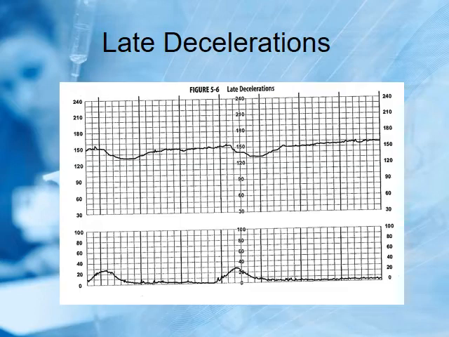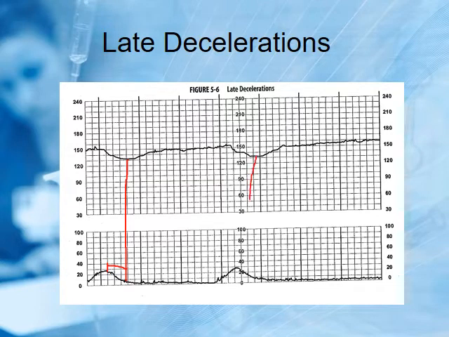The nursing actions that you would take, well, let's first look at these, and then we'll talk about the nursing actions. Again, first of all, look for the nadir of the decel, and then go straight down. Oh, it is not over the peak, right? It happened late. So that's a late.